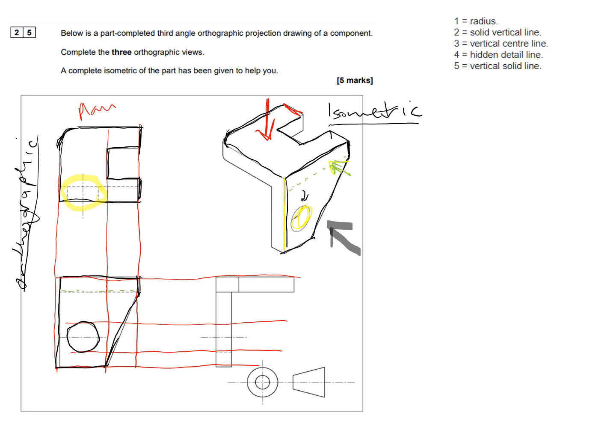There's also this edge here, this corner here, which I can't see, but it is there. So I've got to use hidden detail lines. As you can see here, they show me that edge, which is there. Okay, so I've got my center line. One other line that I've missed is adding this center line here, which is that one here.